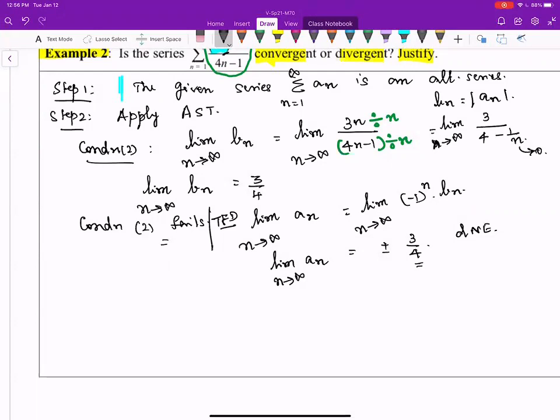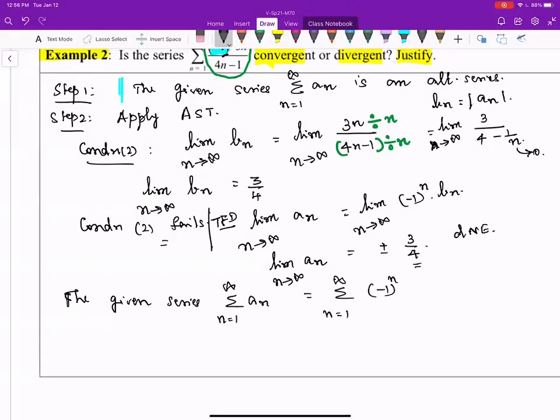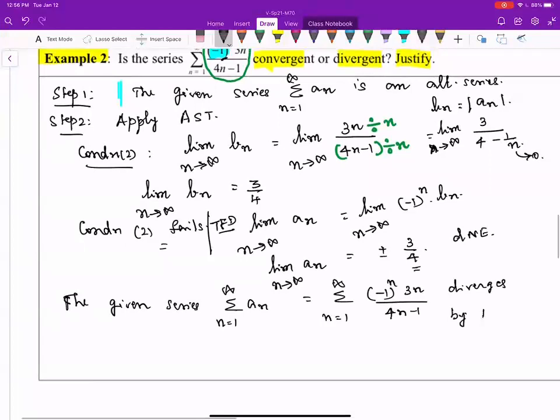So the series, which is an alternating series, -1 to the power n times 3n over 4n minus 1, diverges by the test for divergence.